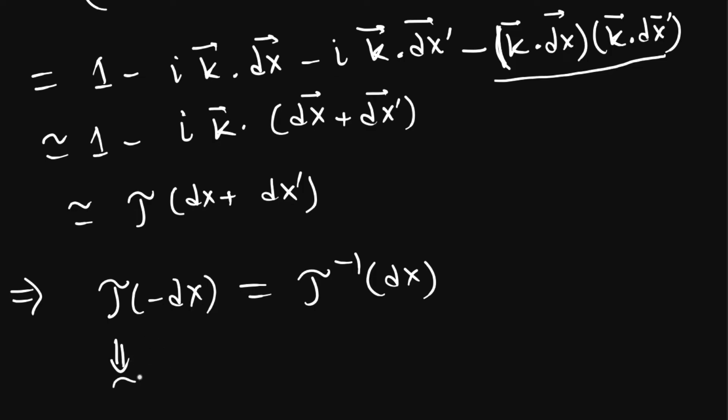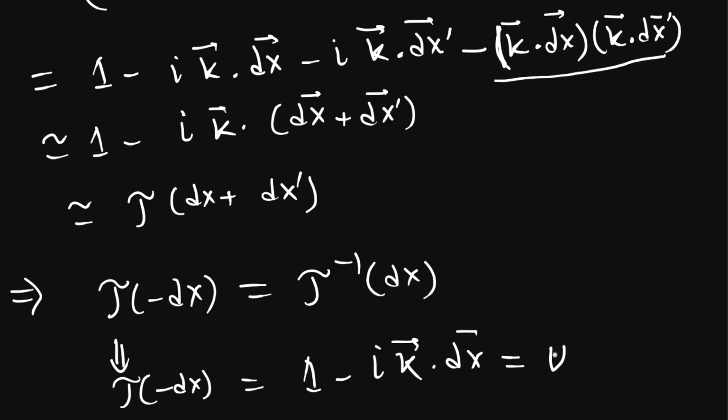Tau minus dx equals 1 minus i k dot dx, which is equal to tau dagger dx.